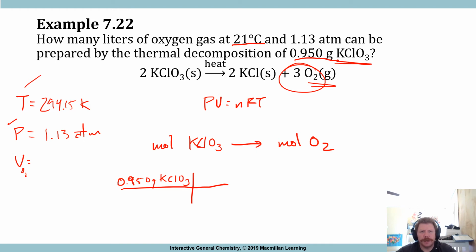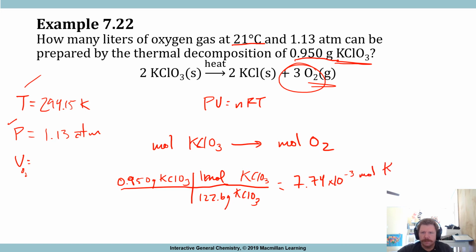So KClO3 has a molar mass of 122.6 grams, that's 1 mole of KClO3. So 0.950 divided by 122.6 is 7.74 times 10 to the minus third moles of KClO3.